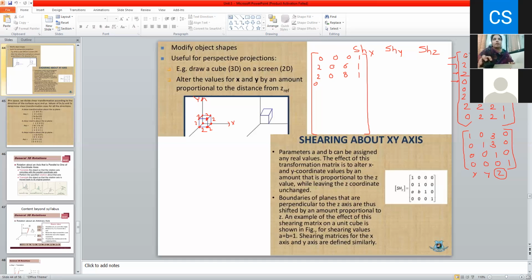So we are finding that 0 to 0, that is the only thing I am getting here as x. Similarly, 0 0 0 0 is the thing that I am getting as y, and only there is change in the z coordinate. So when I multiply this fourth row with third column, then I will have 2 into 1, 2, and this is 1.